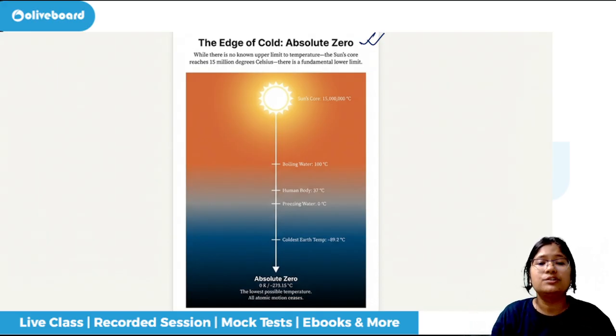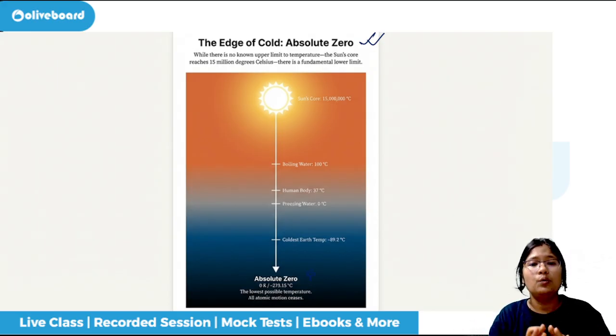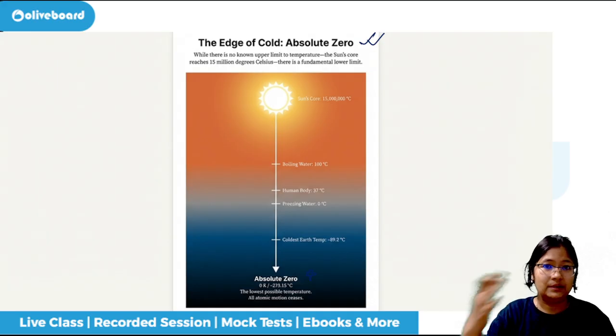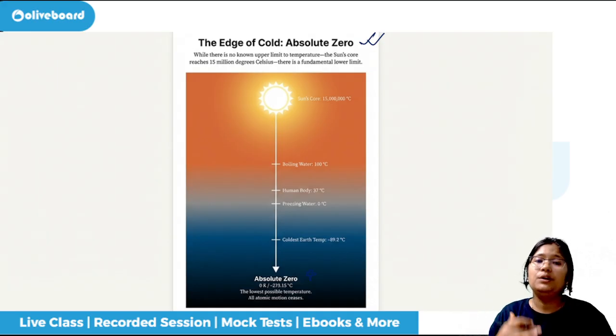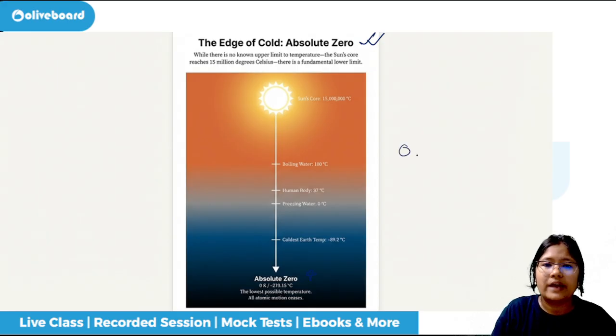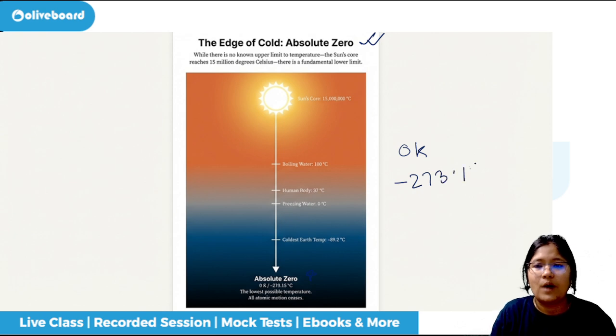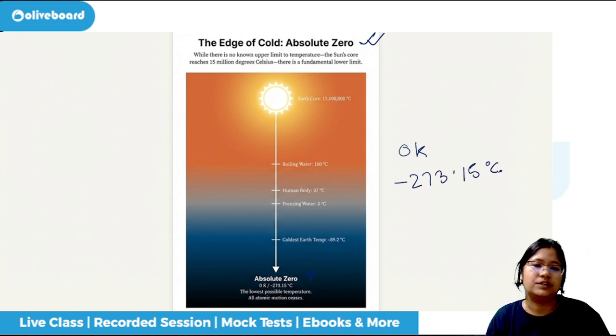But let us look into what we have here, the absolute zero, the lowest possible temperature. Though the upper limit is not known, we do have a lower limit, and the lowest possible temperature is 0 Kelvin or minus 273.15 degrees Celsius.